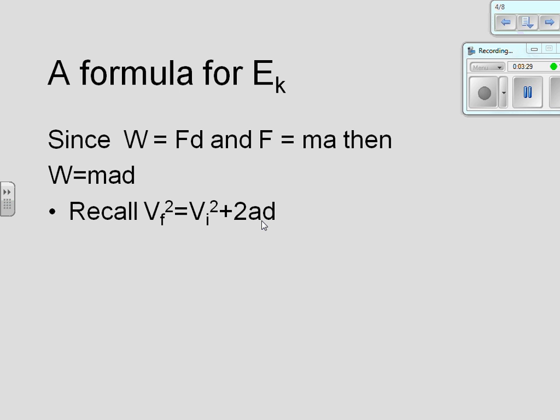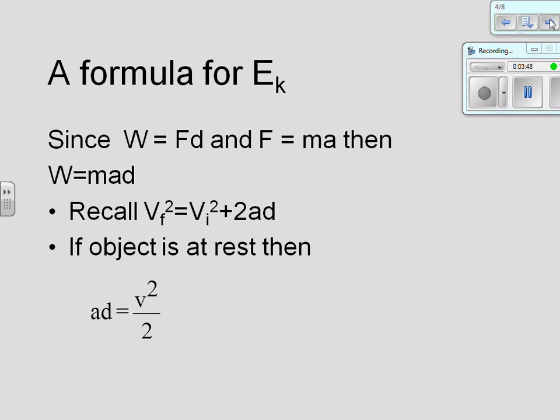We can do some sort of substitution here. Now, generally, things begin at rest, so the VI squared can just disappear. So I can rearrange that to AD equals V squared over 2.